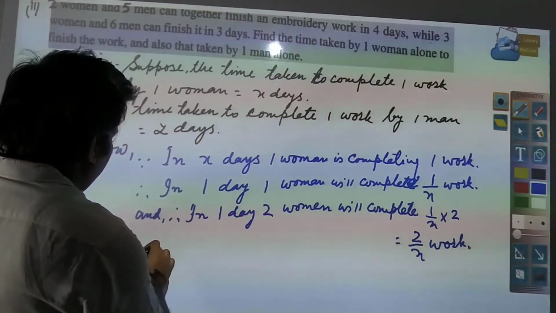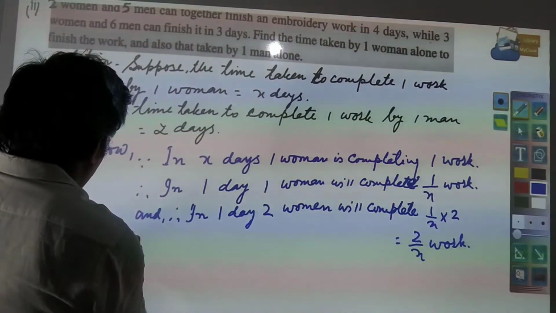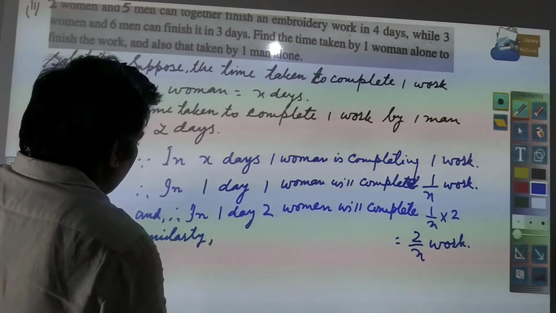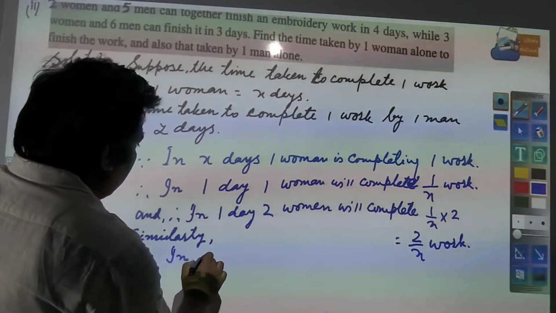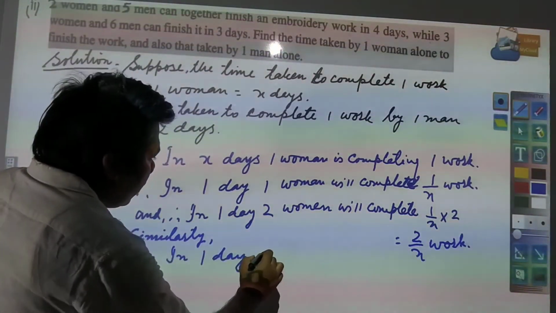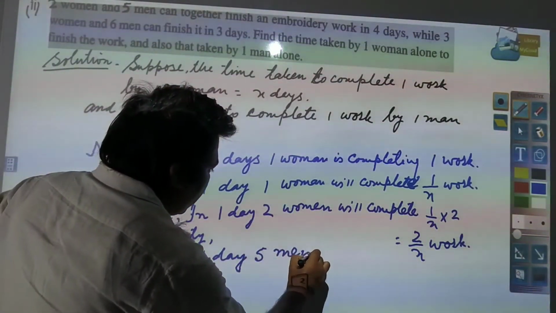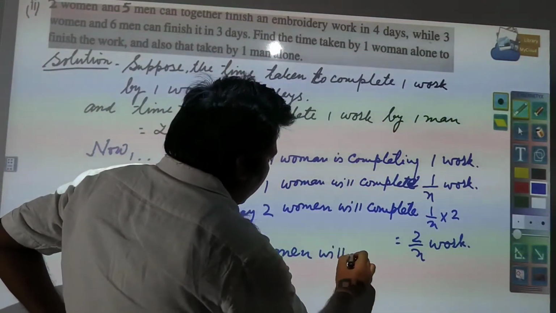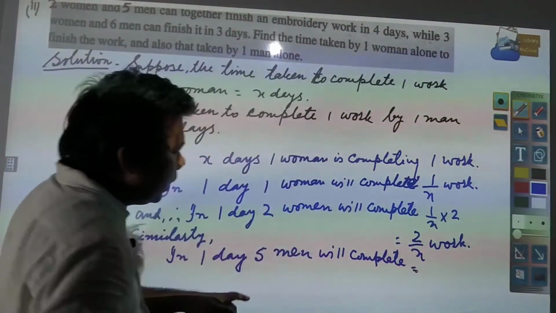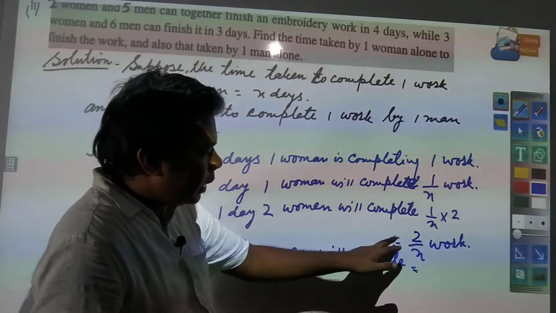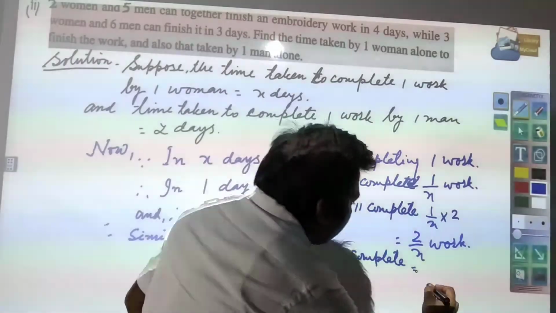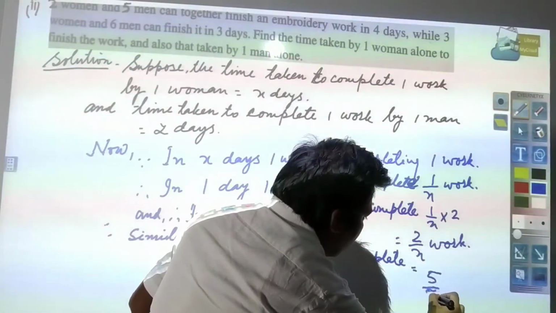In the same way, you can write similarly, in one day, 5 men, if they are working together, they will complete how much? As if 2 women are there, they are completing 2 by x work. If 5 men will be there, they will complete 5 by y work.